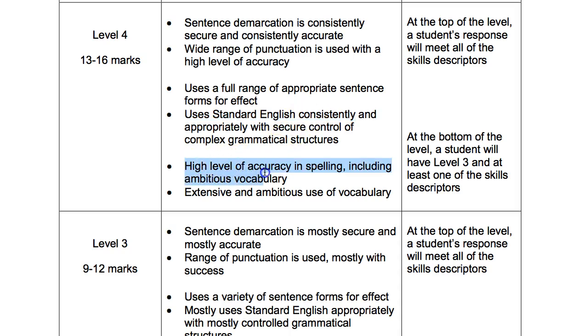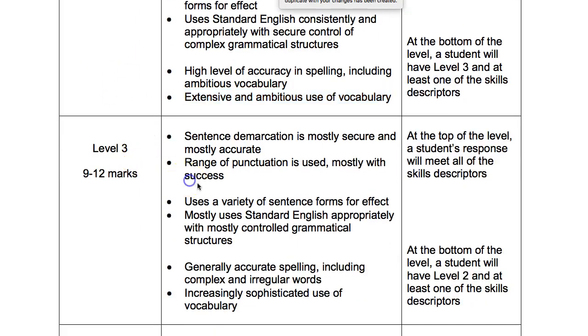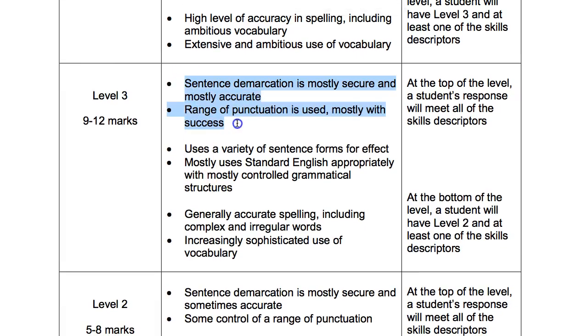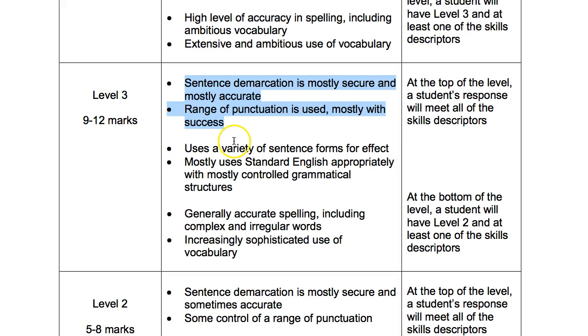Is there a high level of accuracy in spelling? Yes, because I've made sure of that, but he doesn't have that much ambitious vocabulary, so he doesn't meet that. And the vocabulary isn't extensively ambitious, so he's not going to meet that level. However, he is going to meet all of that. His punctuation is okay.